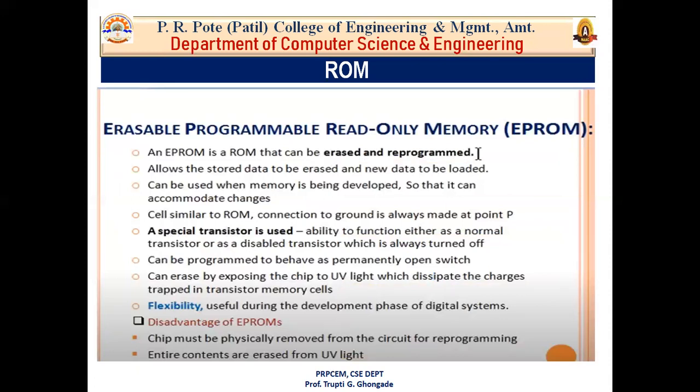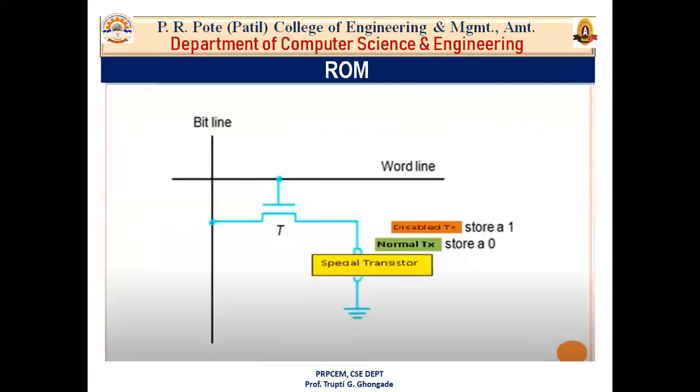Now, what do you mean by a disabled transistor? It means a transistor which is always off, so it is an open switch. Here, this is an erasable programmable cell, a single cell. Here we have a transistor, and at position P we have a special transistor.